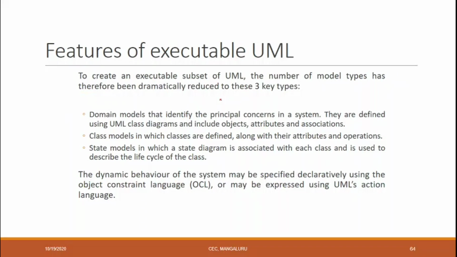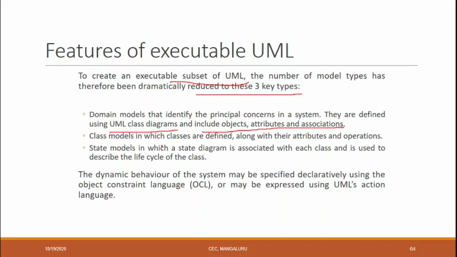Features of executable UML: to create a subset of UML, the number of model types is dramatically reduced to three key types. One is domain models, class models, and state models. Domain models identify the principal concerns in a system. They are defined using UML class diagrams and include the object attributes and associations.